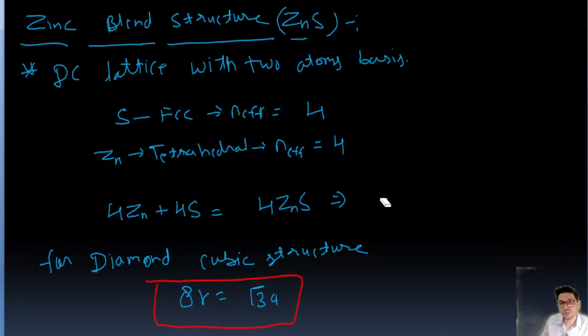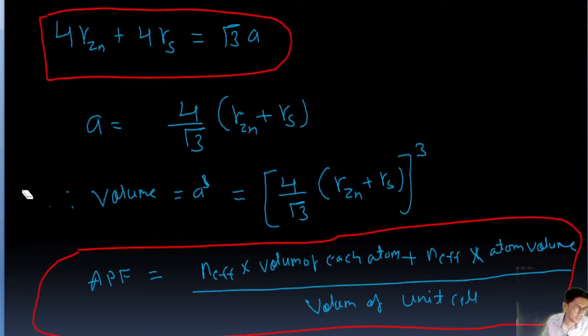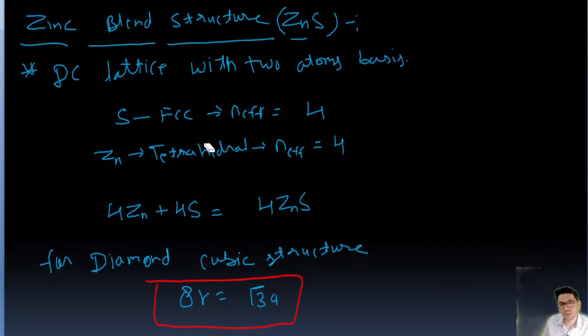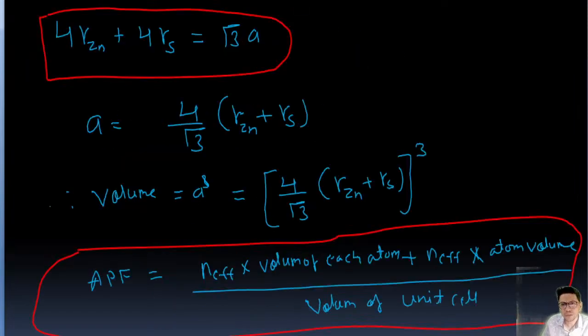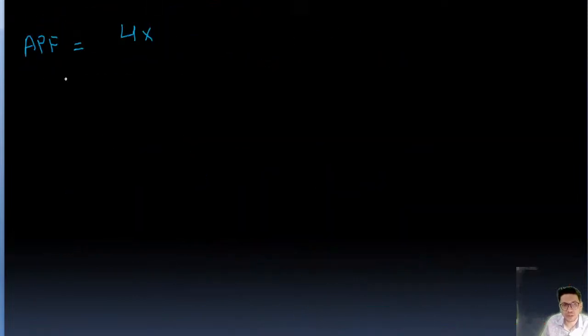Okay, so now N effective for Zn is 4 and N effective for S is 4, right? So this is going to be 4 times APF, atomic packing fraction. Okay, 4 into the volume of each atom, right? So this is 4 by 3 pi r cube, volume of Zn atom, so r Zn cube, right?